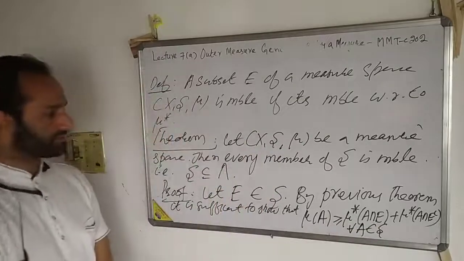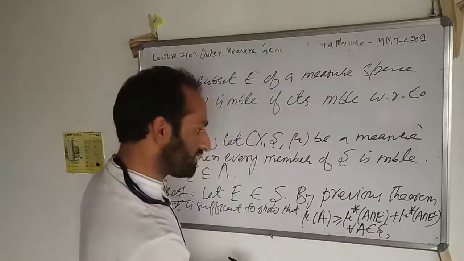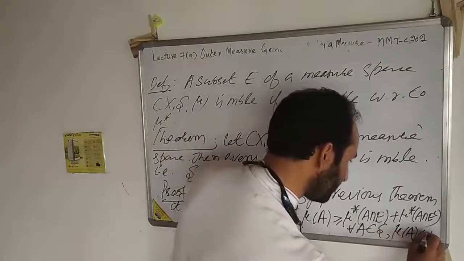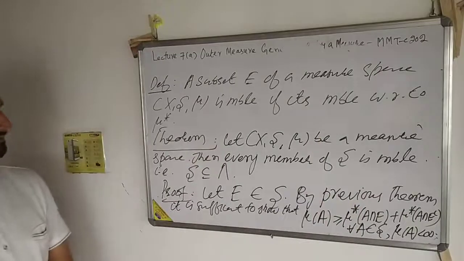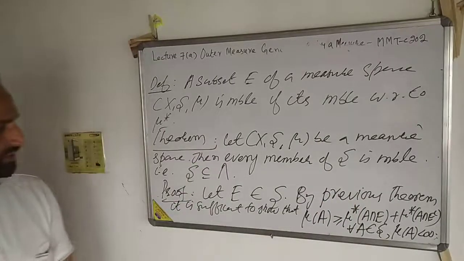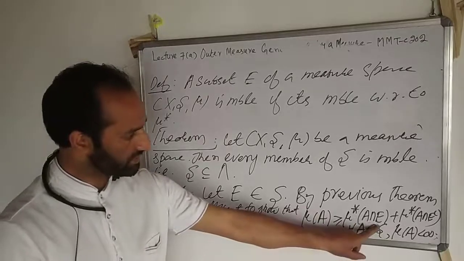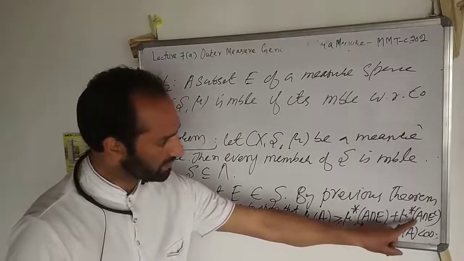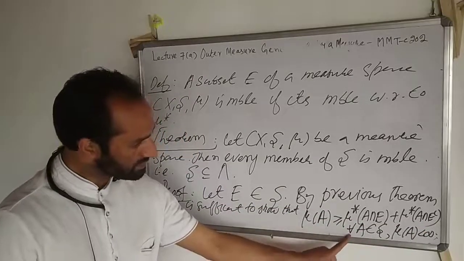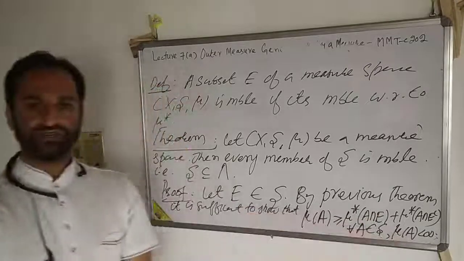It's already proved. And only those members of S having finite measure, with μ(A) finite. So by the previous theorem it is sufficient to show that μ(A) is greater than or equal to μ*(A ∩ E) + μ*(A ∩ E^c). This should hold for every subset A of S with its measure finite.